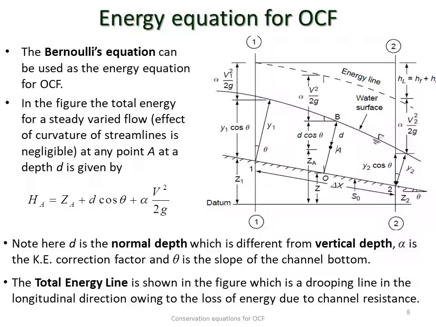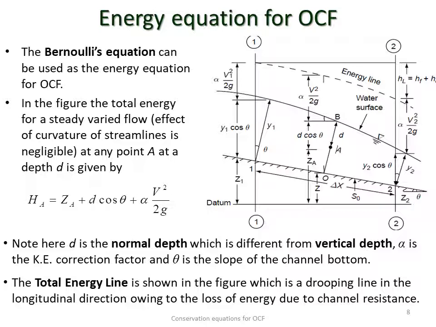So in this figure, let's focus on the point capital A at the center. At point A, the total energy, capital HA, equals the summation of the elevation head, the hydrostatic pressure head, and the velocity head.